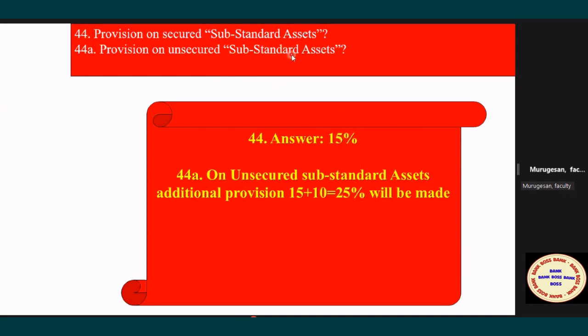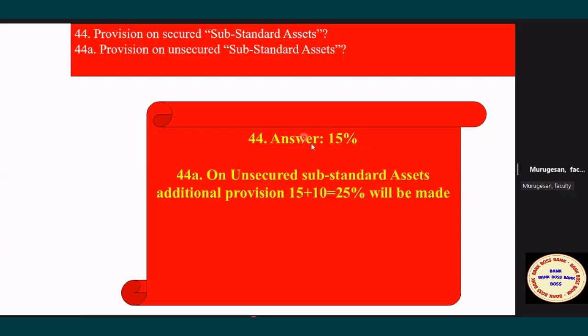Suppose it's unsecured substandard, securities are less or securities are missing, or for some reason it has slipped to substandard assets because the security available is not covering the liability, then you have to provide an additional 10% as additional provision. So the overall provision will be 25% without reference to any securities. That's the word they are using. Don't worry: flat 25 if it is unsecured, flat 15 if it is secured substandard.